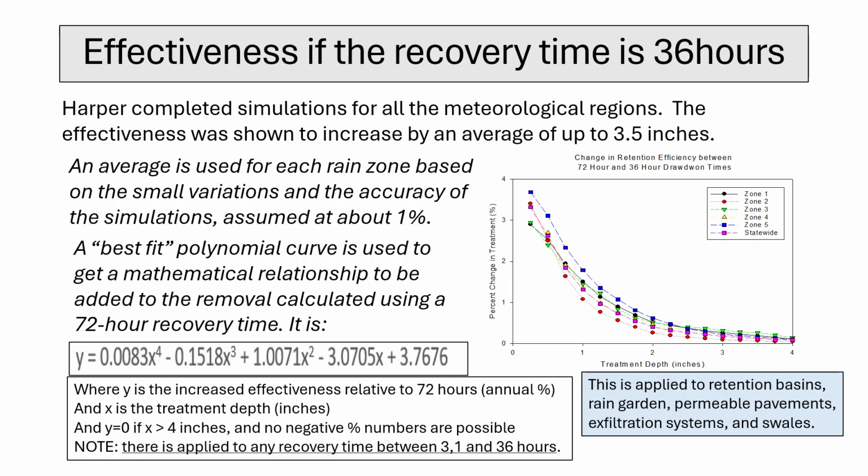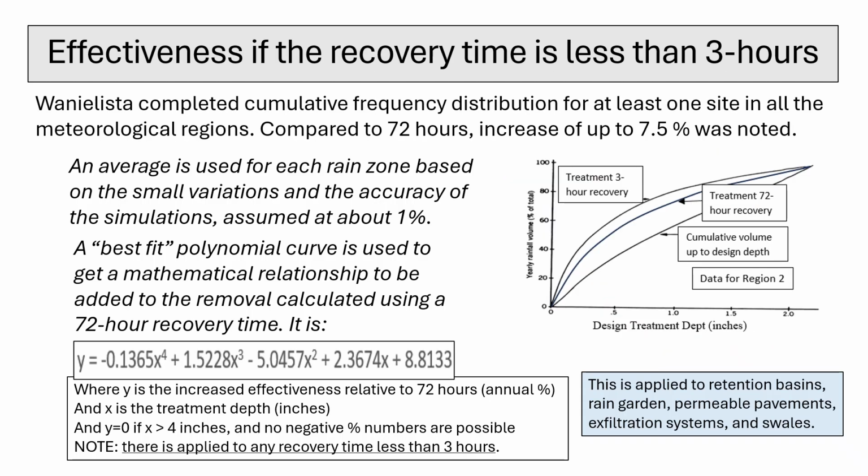Within this particular range, no further adjustments are made because the differences in annual removal percentages between, say, a 72-hour and a 36-hour recovery are relatively small, and we currently lack sufficient simulations or field data to validate more granular increases. Field measurements of recovery time, particularly in highly percolating rock and soils like Florida's limestone, frequently show systems recovering in less than 3 hours.